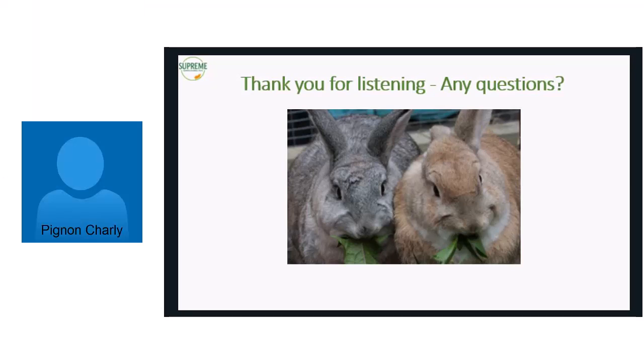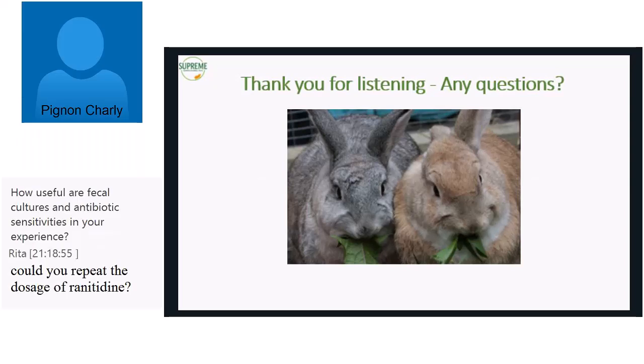And so one last question. How useful are, in your opinion, fecal cultures and antibiotic sensitivity in your experience? So for issues with gut stasis, diarrhea is a little bit of a different thing, but in my experience, fecal cultures are not very useful in cases of gut stasis.